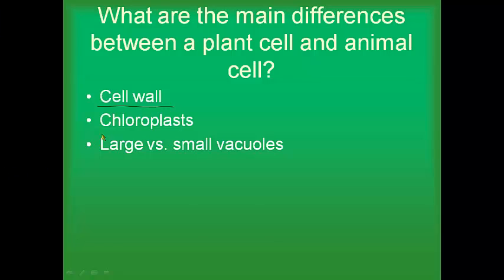The second thing is, and it's super important, plants have chloroplasts. Plant cells do, and animal cells do not. Chloroplasts contain a chemical called chlorophyll. It's a green chemical, and chlorophyll is basically the chemical that captures the sunlight so that the plant can use it for photosynthesis. So chloroplasts contain chlorophyll.